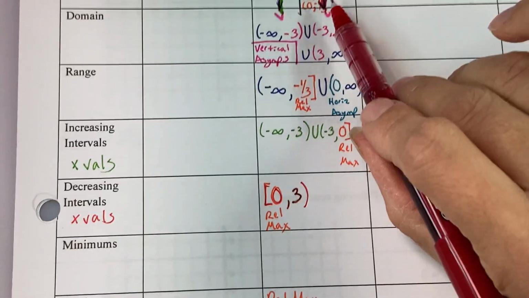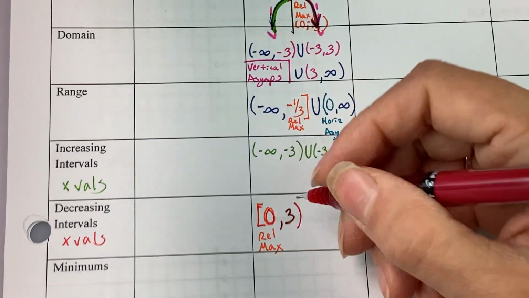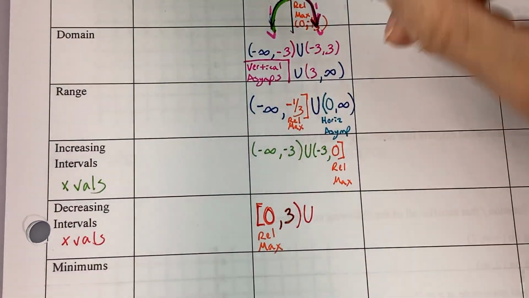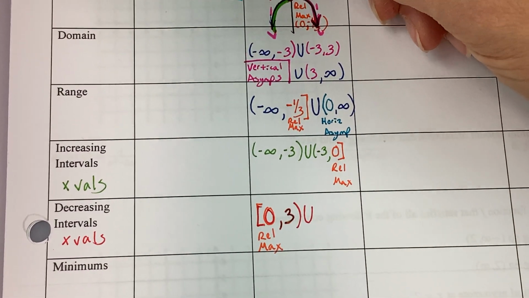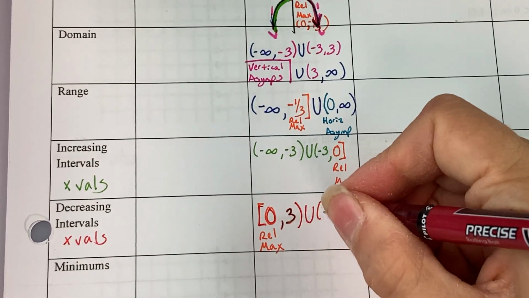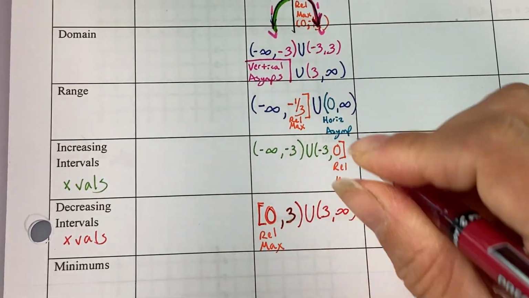With a parenthesis, since we don't actually get that value. Then union, where do I start decreasing again? At 3, at the asymptote, all the way to the right. So that would be 3 to infinity.